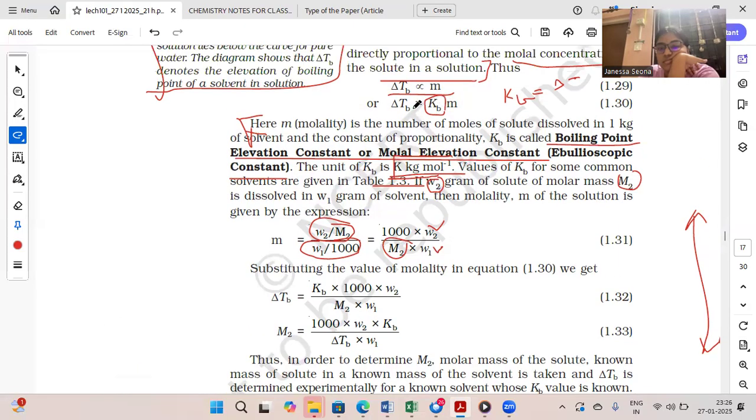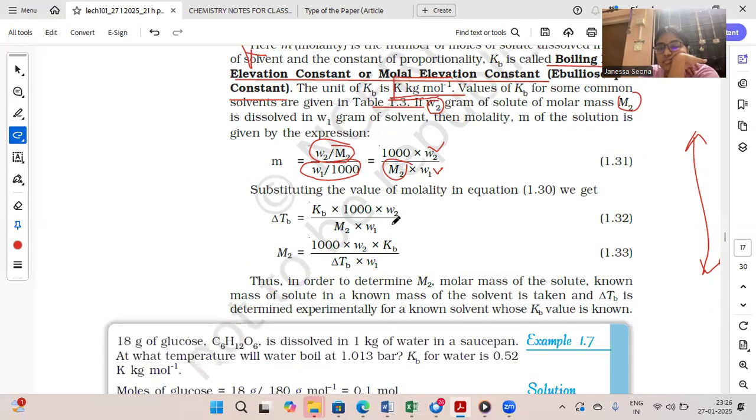In delta TB is equal to KB M, let us substitute the value of molality. Here we have delta TB is equal to KB, ebullioscopic constant, into molality. How can you remember this easily? I'll tell you.